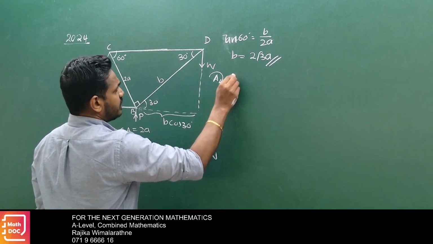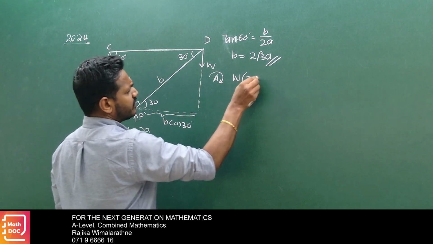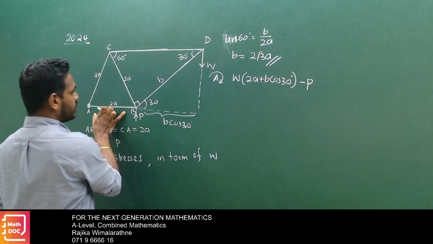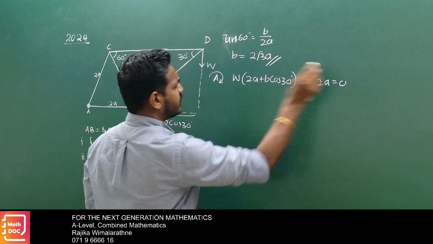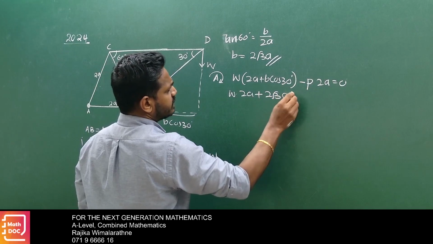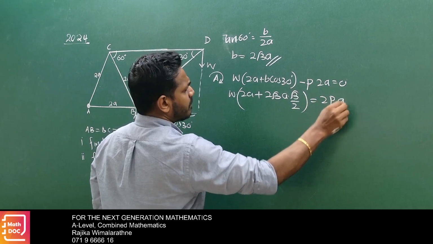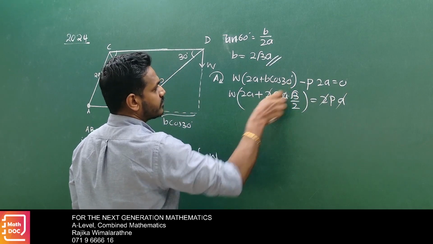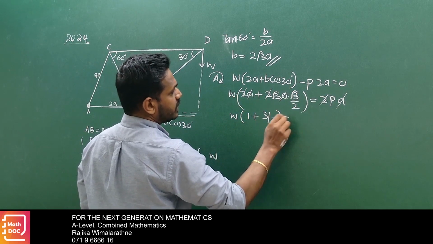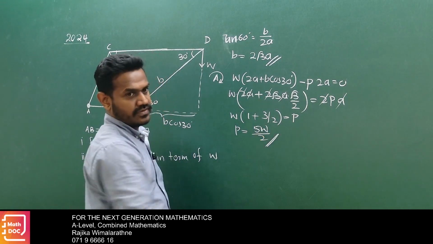Then W into the perpendicular distance, 2A plus B cos 30, minus P times here 2A, equals 0. 2A plus B, that means 2 root 3 A, cos 30 is root 3 over 2, equals 2PA, and cancel 2A, then W times (1 plus 3 over 2) equals P, then P equals 5W over 2.